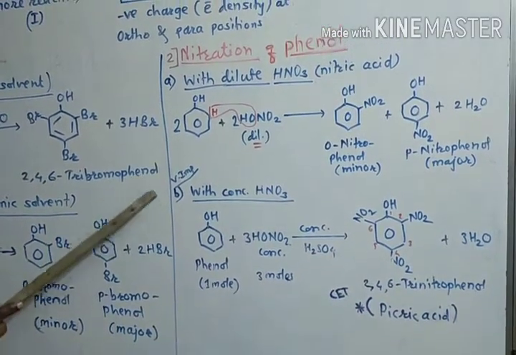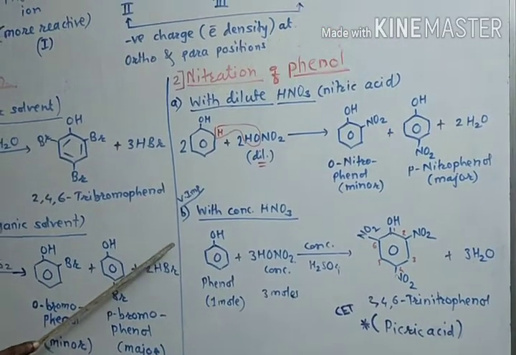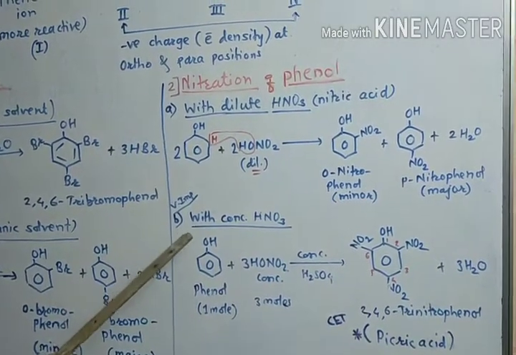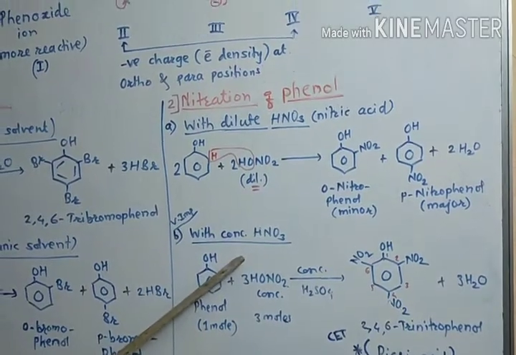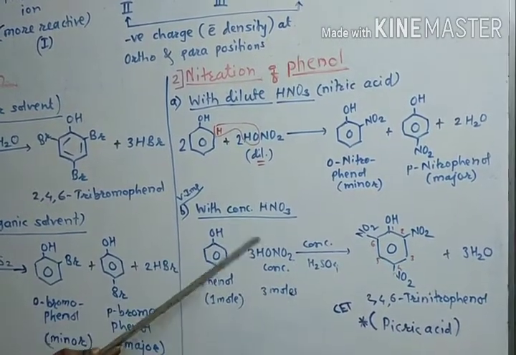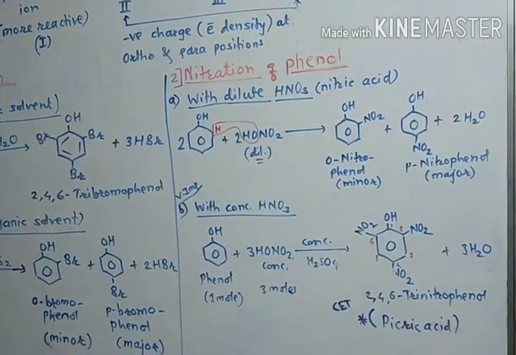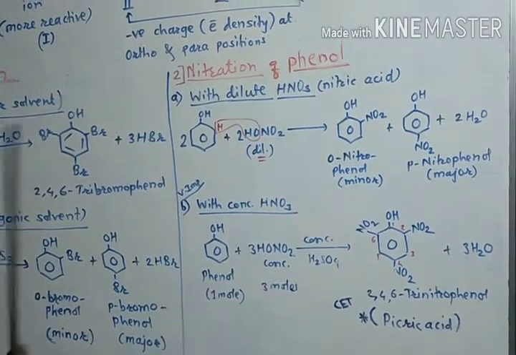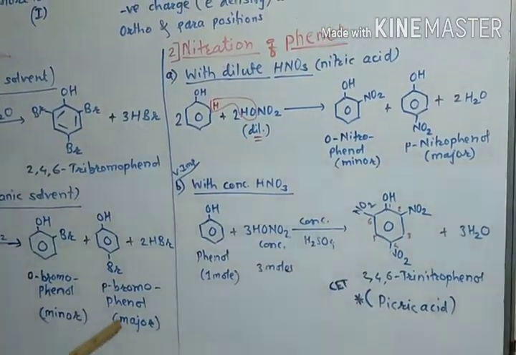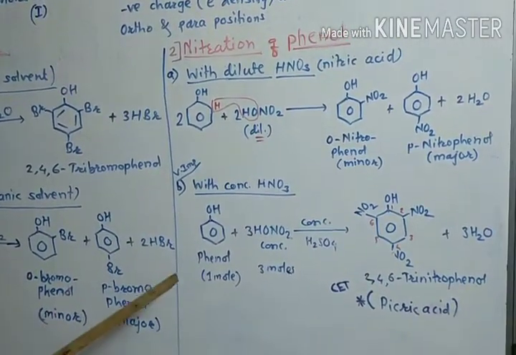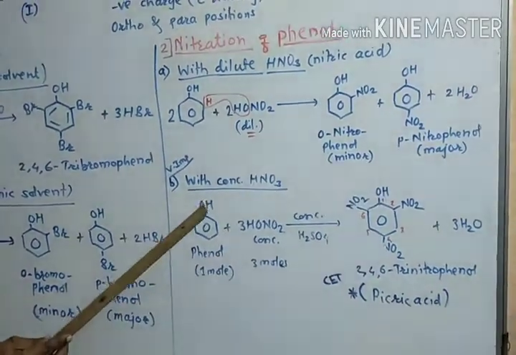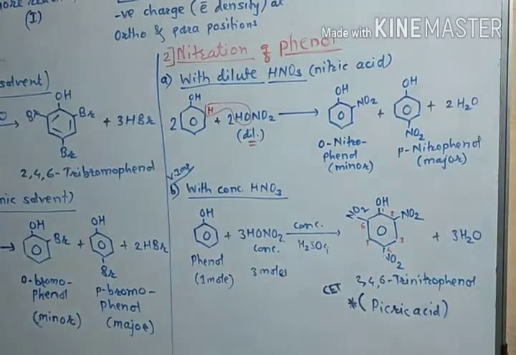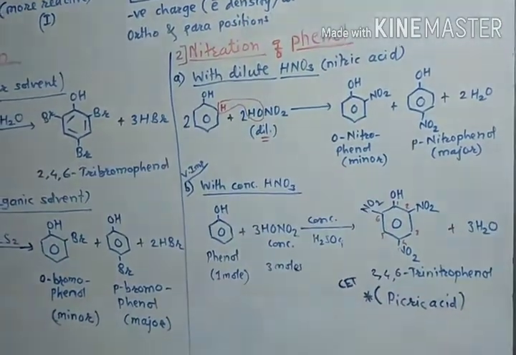Next one is there, that is very important. This reaction is asked many times for the CET and for the writing also. So with concentrated nitric acid, in this case we should know that concentrated H2SO4 is also present, because the mixture of concentrated nitric acid and concentrated H2SO4 is called nitrating mixture. So when phenol is treated with nitrating mixture, there is formation of, now see what will form.